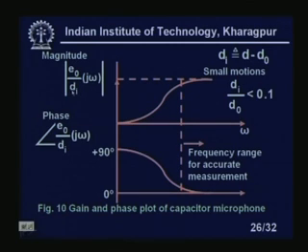Ex is the excitation, that is not the input to the system. The magnitude plot will be like this, and the phase plot will look like this, right.